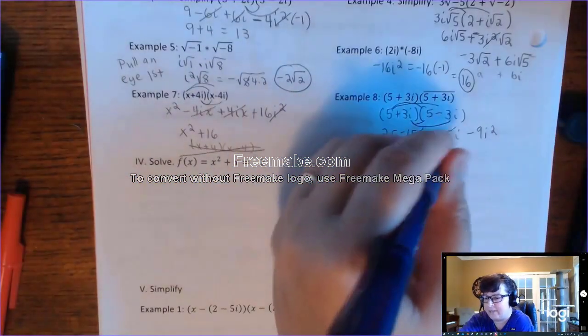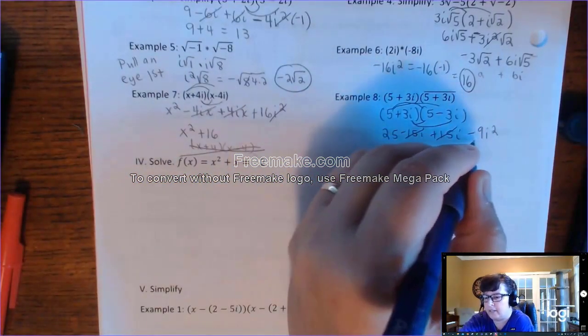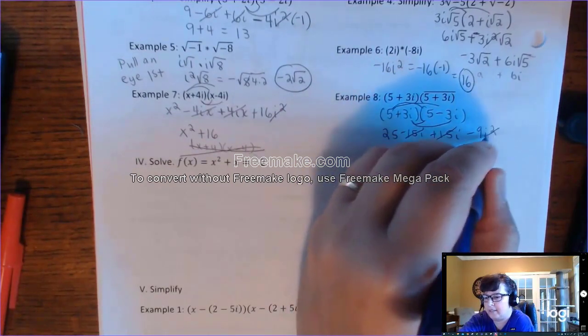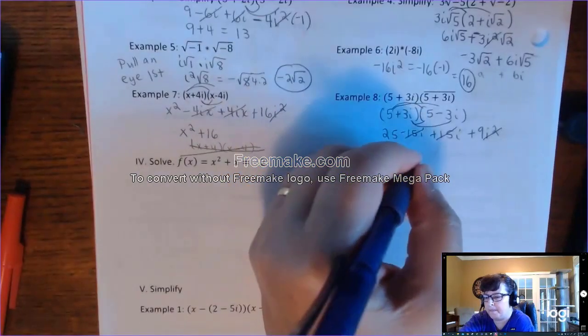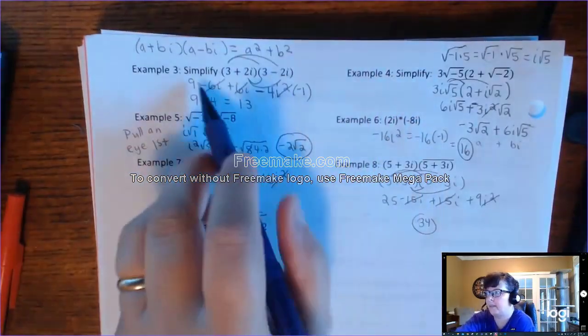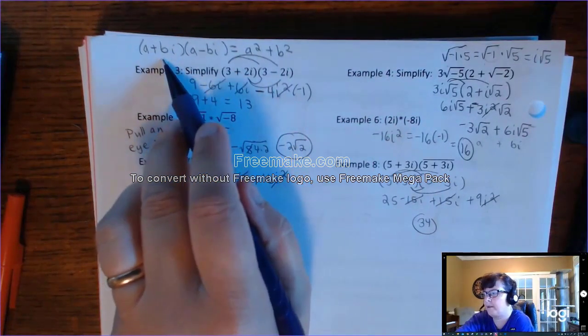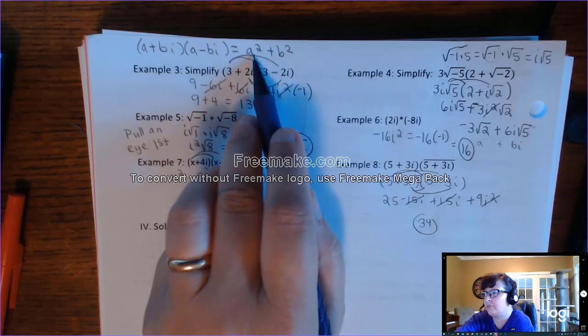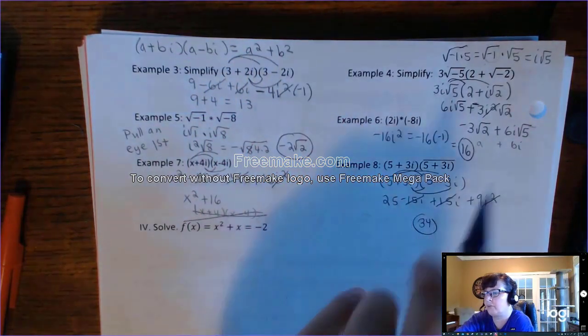And they cancel. And i squared is negative 1. So negative 9 times negative 1 is positive 9. And you get 34. And again, we talked about that. When you multiply a complex number times its conjugate, you get a squared plus b squared. You get a real number.